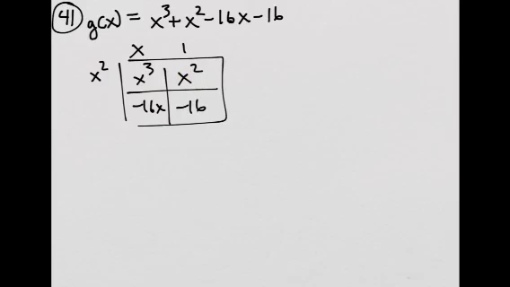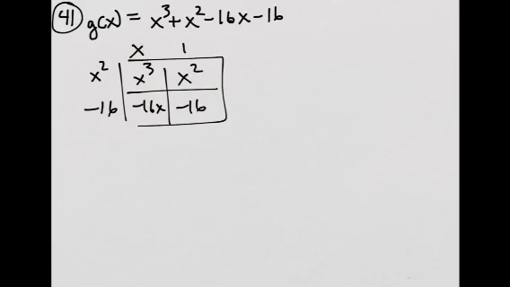And finally, x times something equals negative 16x. And so that would be negative 16. And you always check the last two in like this number times this number. It should give you, when you multiply them together, it should give you this. And it does. So that means that you factored it correctly and that it does factor this way.